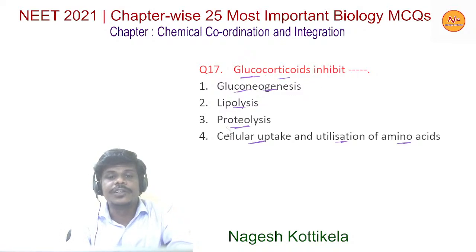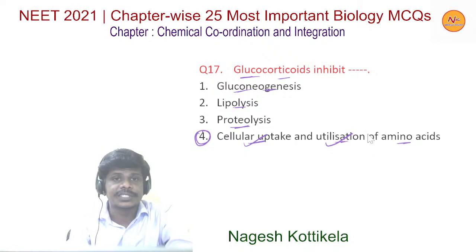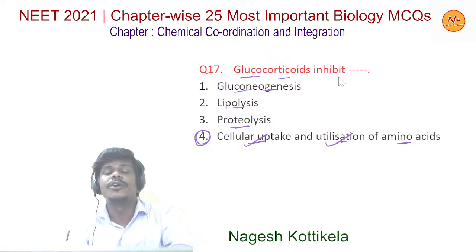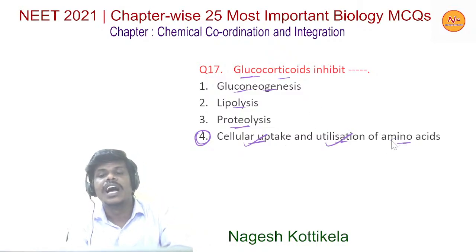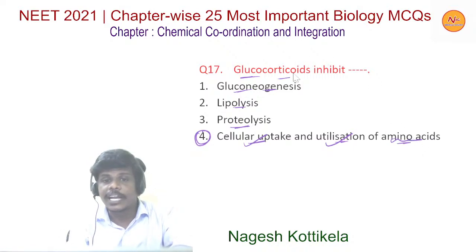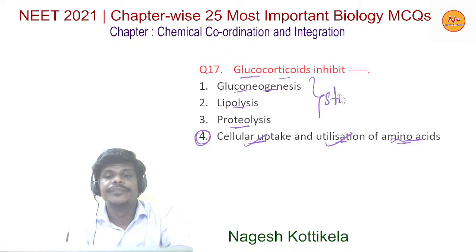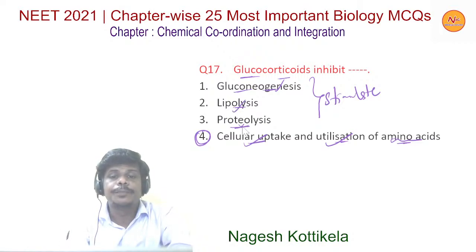Glucocorticoids inhibit cellular uptake and utilization of amino acids, so the fourth option is the right option. Actually, the glucocorticoids stimulate these three: gluconeogenesis, lipolysis and proteolysis.